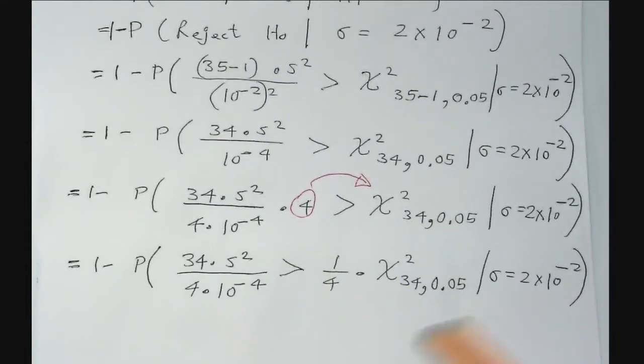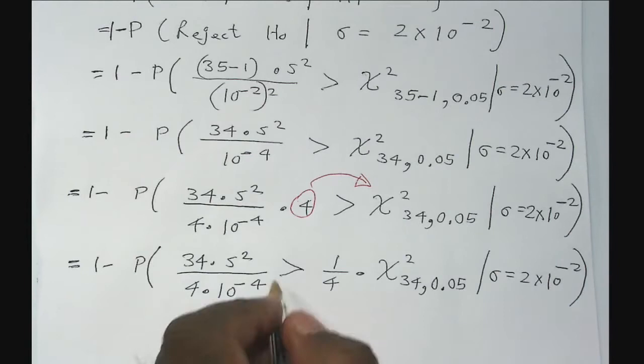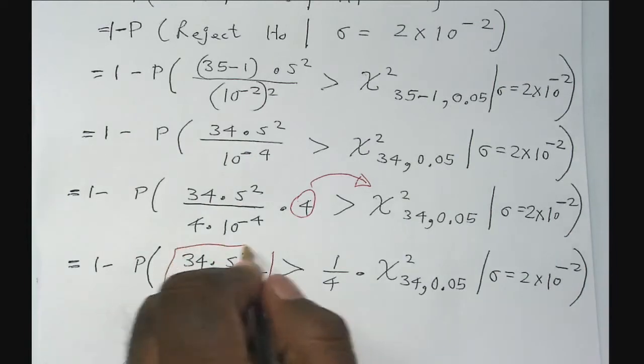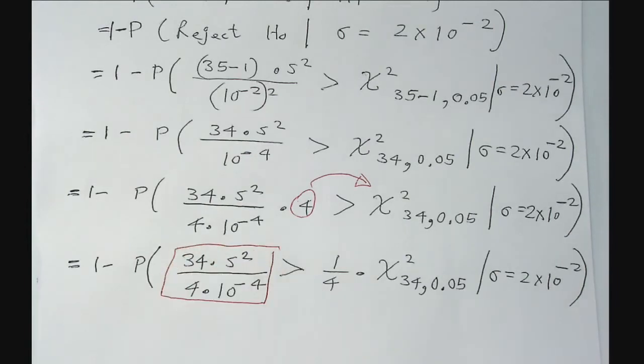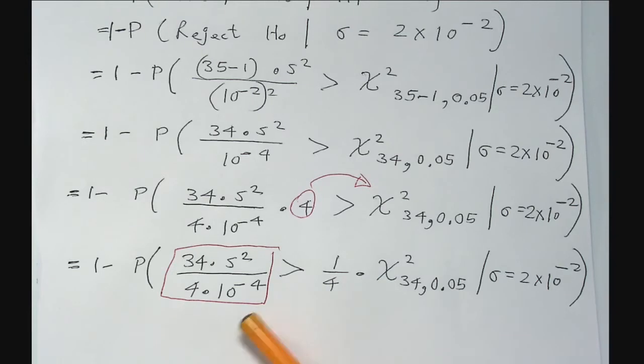Now let me ask you a simple question. What can you say about the distribution of this and why? This is stuff we did in the notes some time ago. This is in the lecture notes, guys. What is the distribution of this and why?